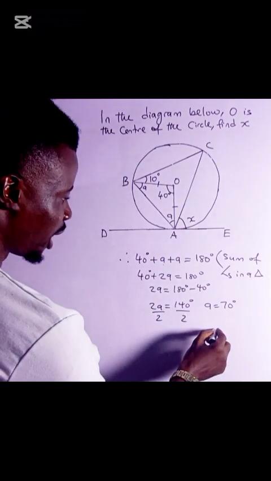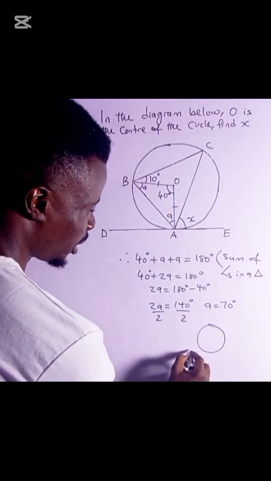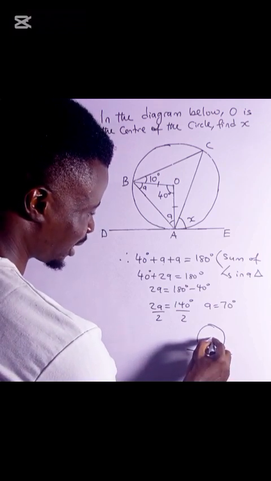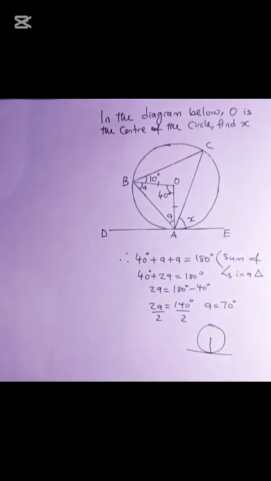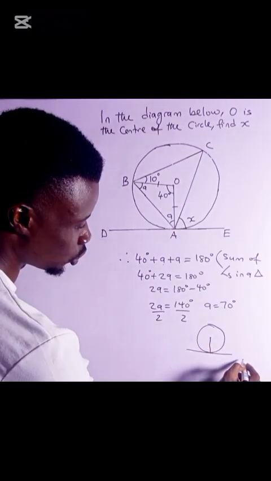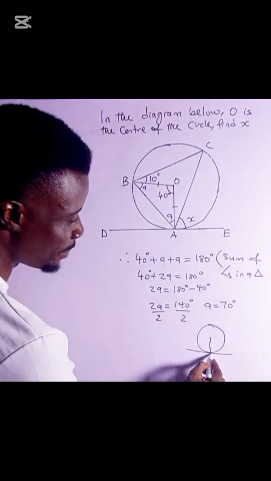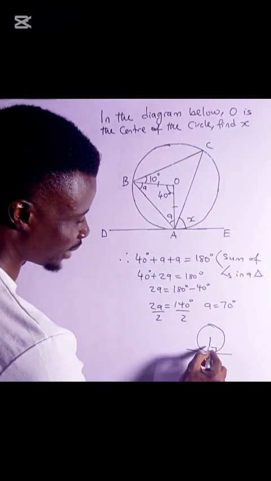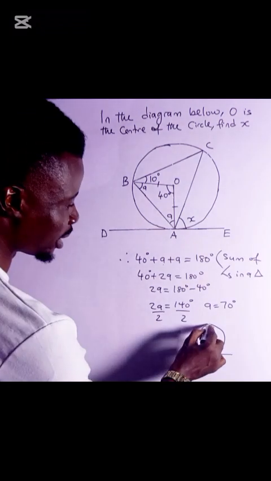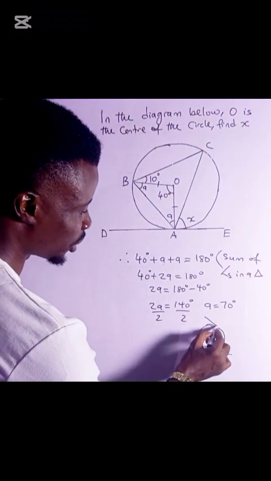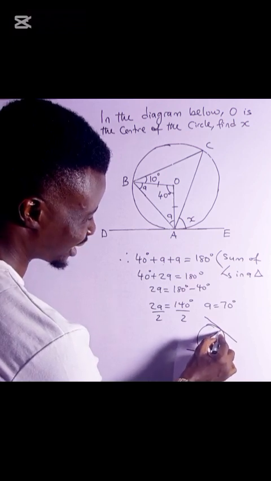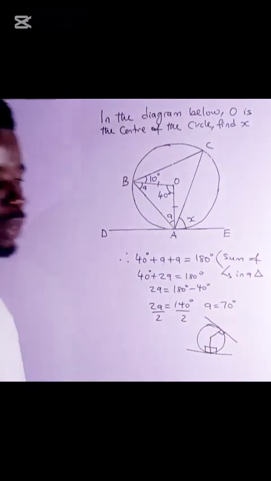It says that if we have a tangent to a circle and a line from the center touches the tangent, it does so by meeting the tangent at an angle of 90 degrees, or right angles. So what does it mean? Any point where the tangent touches the circle, the radius from the center drawn to it will intersect the tangent at 90 degrees. That's what it means.